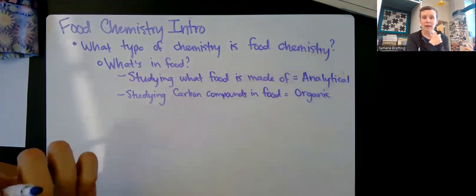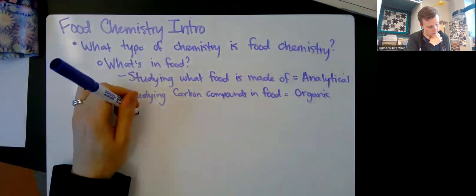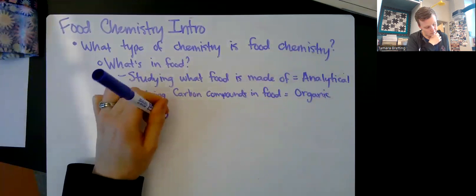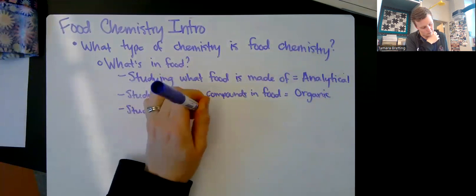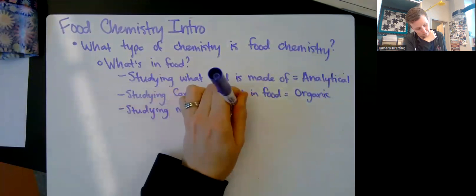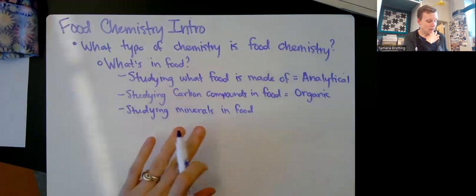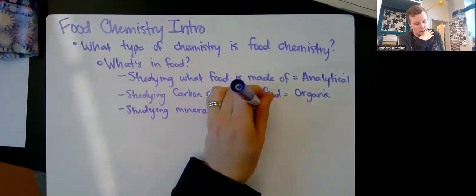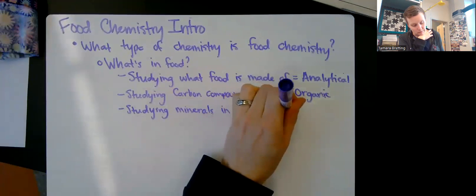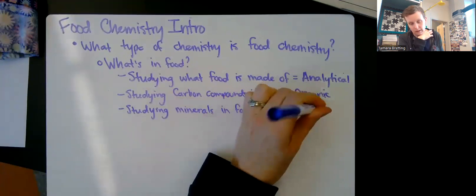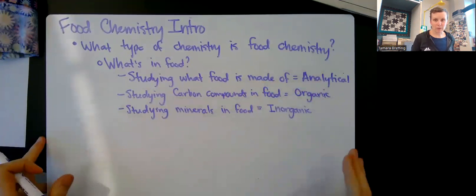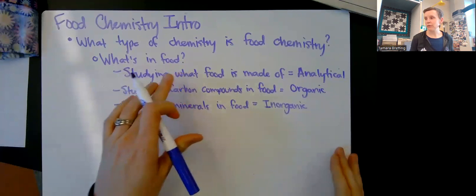If we are studying minerals in food, minerals are really the metals that we eat, but in ion form, not metal form. Although some of them can be in metal form and our bodies turn them into ions. Studying the minerals in our food, those are not carbon, so that's going to be inorganic chemistry. So there are three possible types of chemistry, and those are all what's in food.